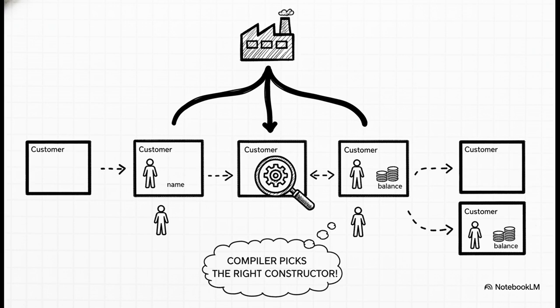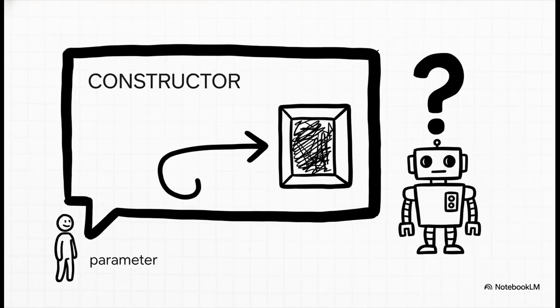It's fantastic. But this flexibility introduces a classic trap, one that gets a lot of people. What happens if the parameter in our constructor has the same name as a member variable? Like name here. Well, the compiler gets confused. That line, name = name, just assigns the parameter to itself. The object's own member variable is never touched.